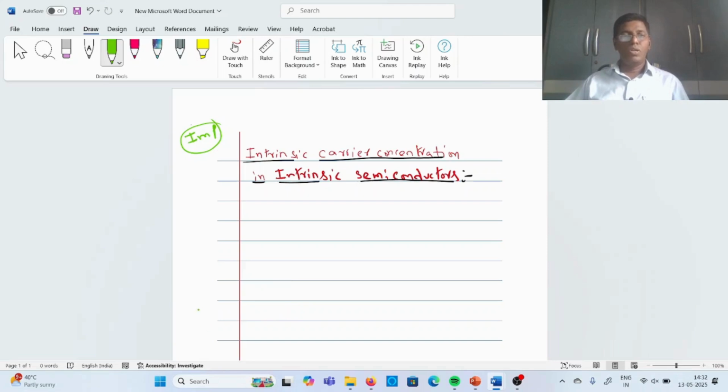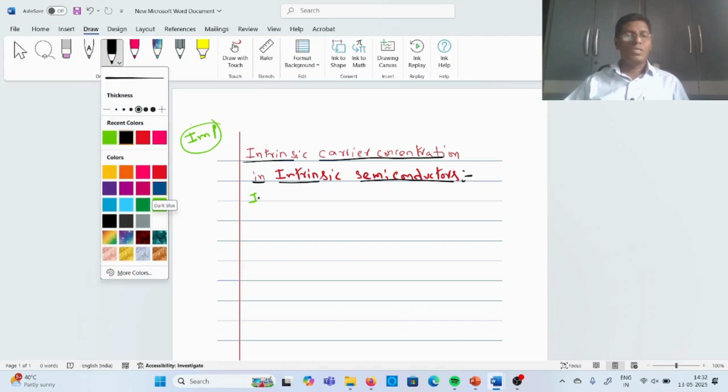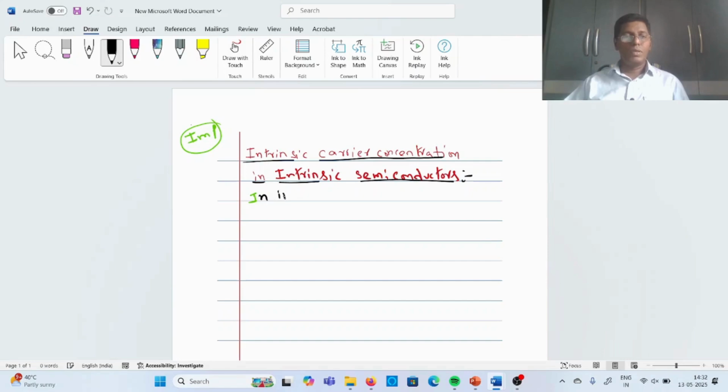Now we know that in intrinsic semiconductor, there is always an equal number of free electrons and holes. Okay, this is the first point.